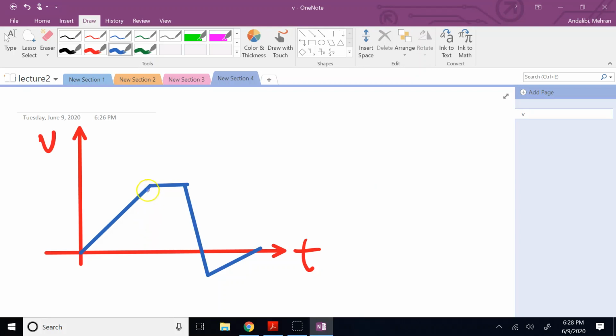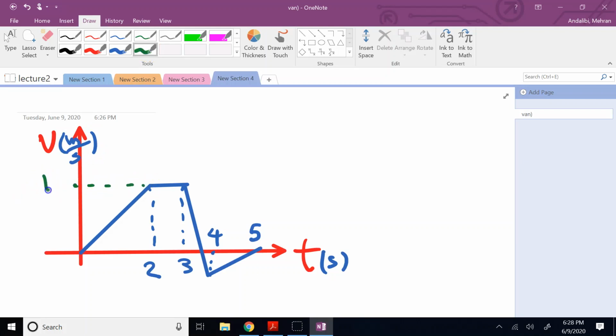And let's say this time point here is 2, this time point here is 3, this time point here is 4, and this time point here is 5 seconds. The unit of velocity is meters per second, and let's say the values that I have recorded are like 10, and this one is negative, let's say 3.